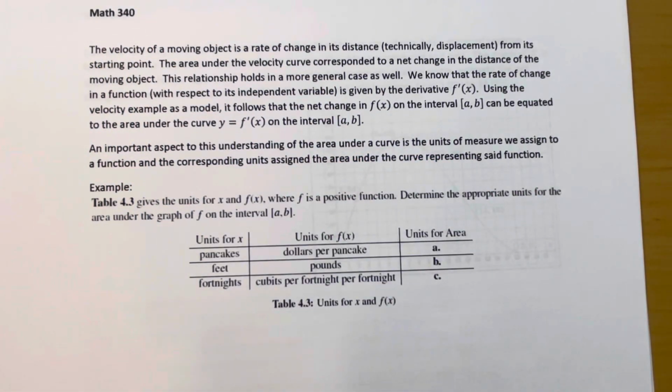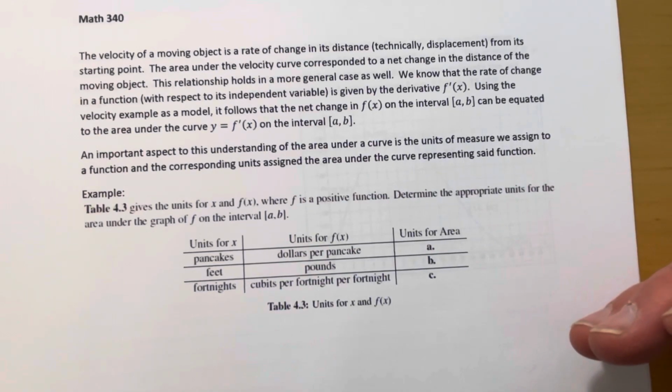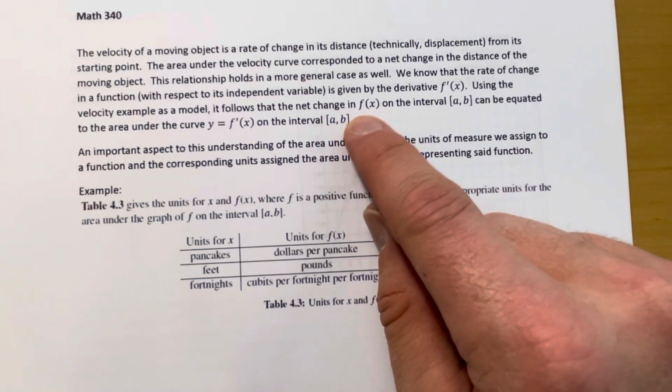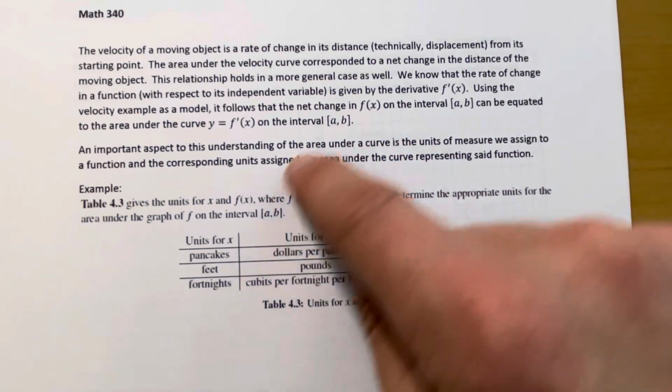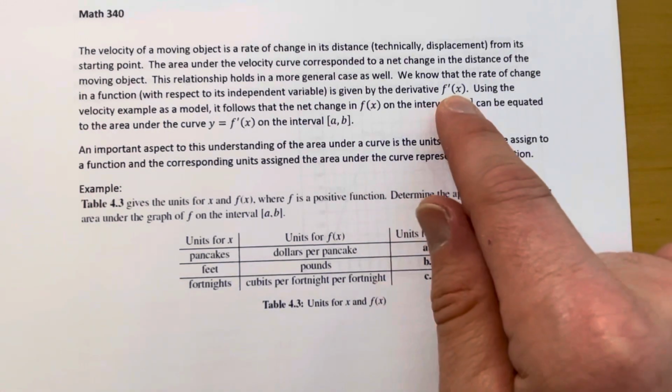But the point is that velocity is a rate of change. Generally speaking, rates of change are represented by derivatives. So what that means is that we can interpret this area under a curve as the net change in a quantity that's given by a function f of x, if the curve that we found the area beneath is the graph of its derivative.